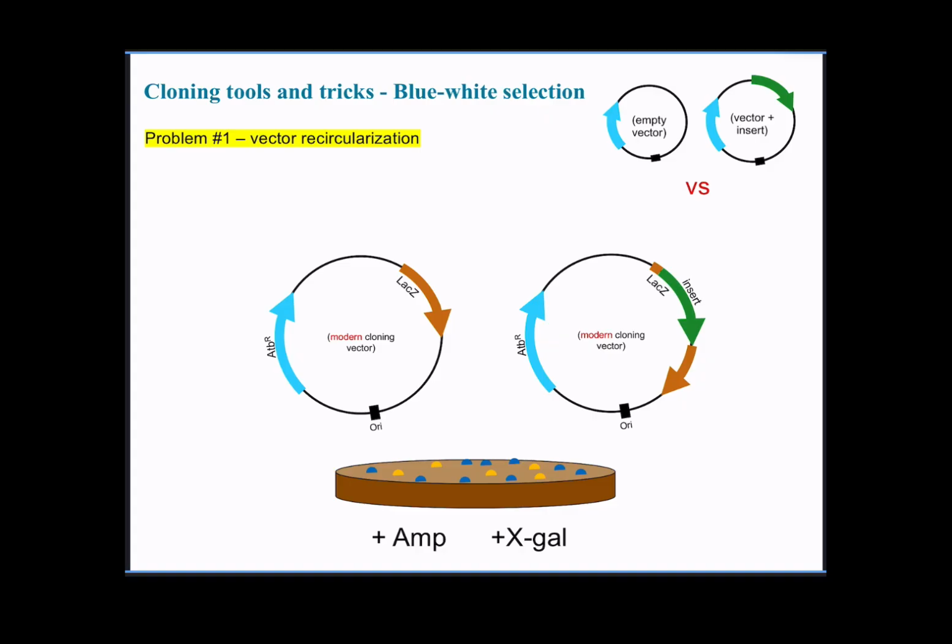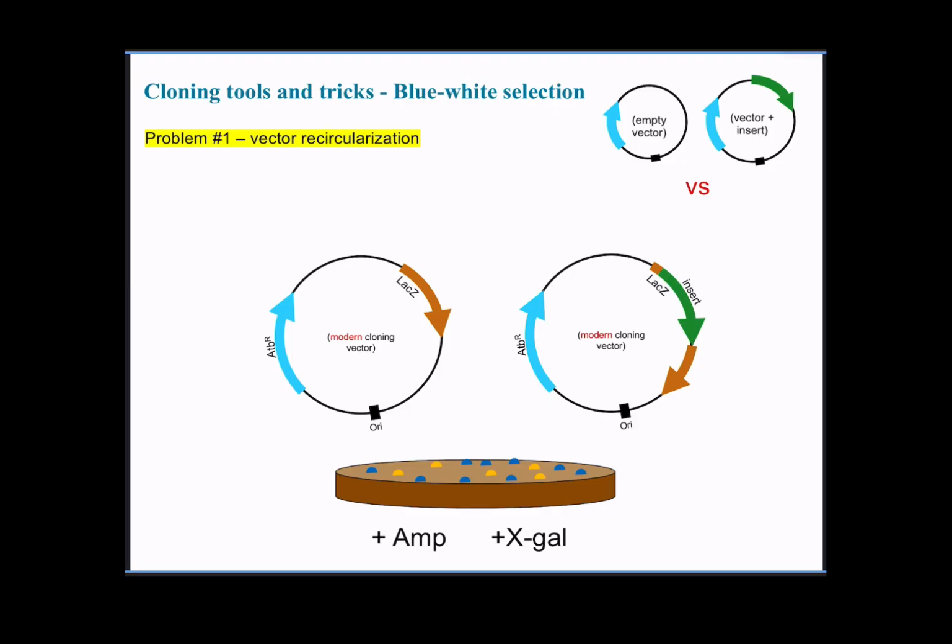On the other hand, if a bacterium picked up a recircularized empty vector, in those bacteria, LacZ will be intact, beta-galactosidase will be produced, that X-gal compound will be degraded, they will make this blue compound, and they will turn blue in your plate.